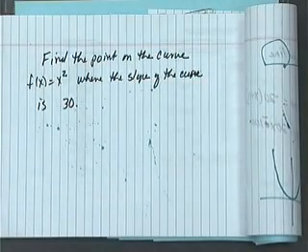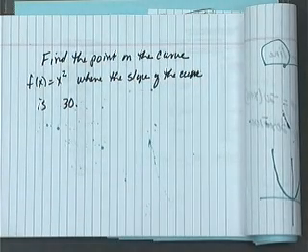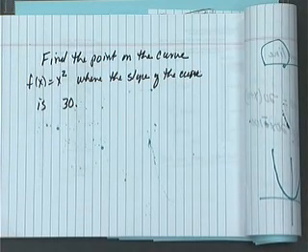Find the point on the curve where the slope of the curve is 30.